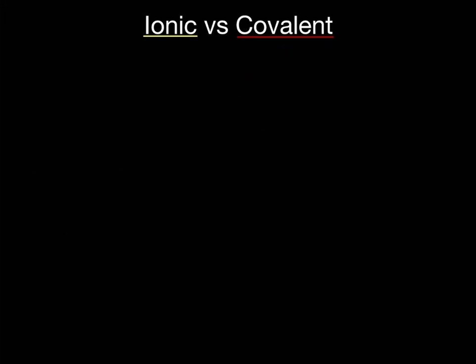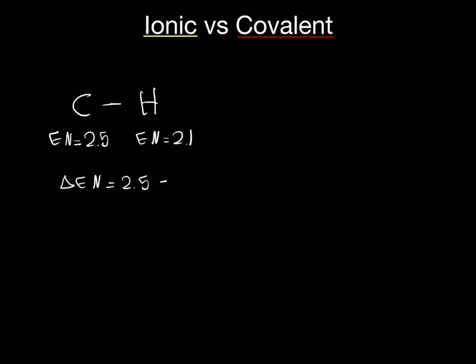Now let's say we have a bond between a carbon and a hydrogen. Is this bond nonpolar covalent or is it polar covalent? The electronegativity value of carbon is 2.5, and the electronegativity value of hydrogen is 2.1. So the electronegativity difference between these two is going to be 2.5 minus 2.1, which is 0.4. And 0.4 is smaller than 0.5.